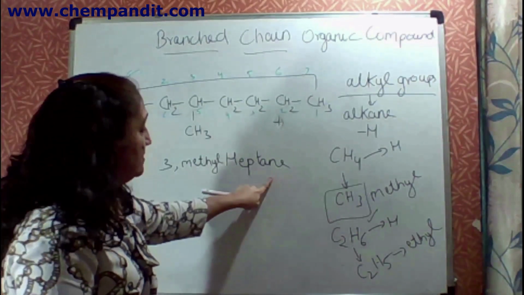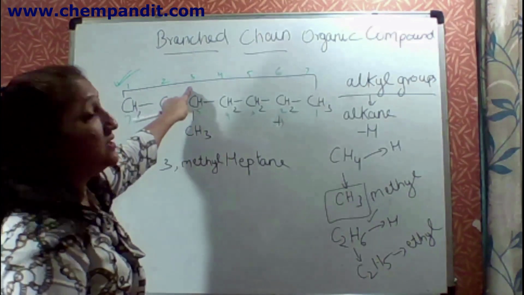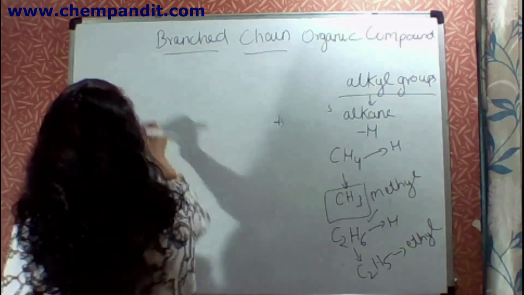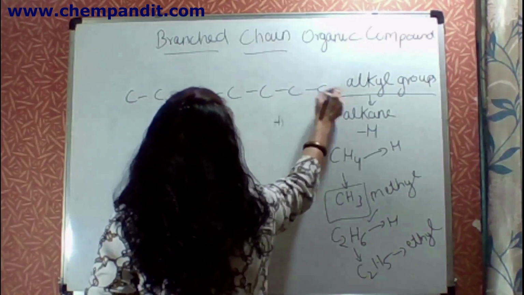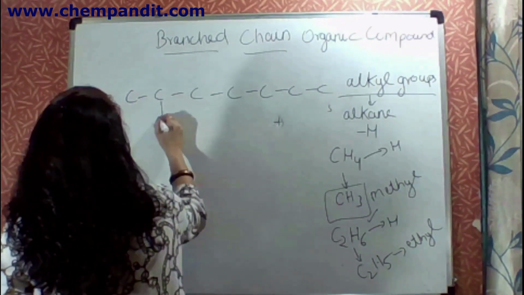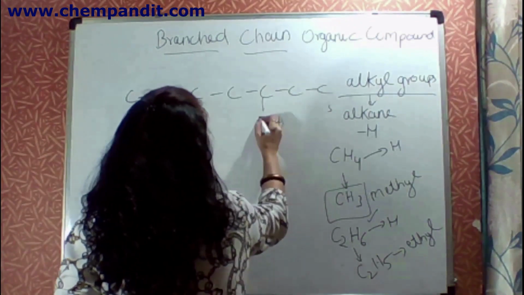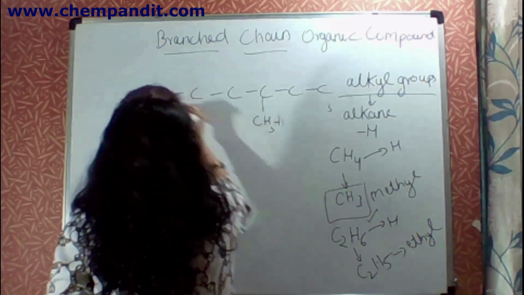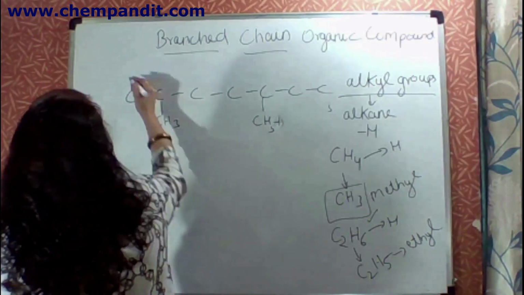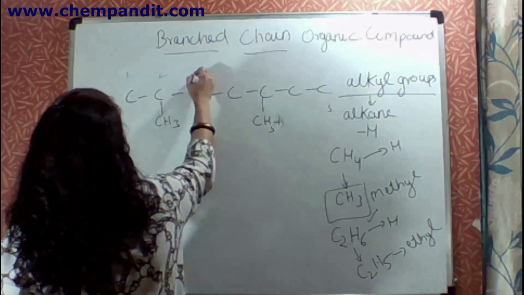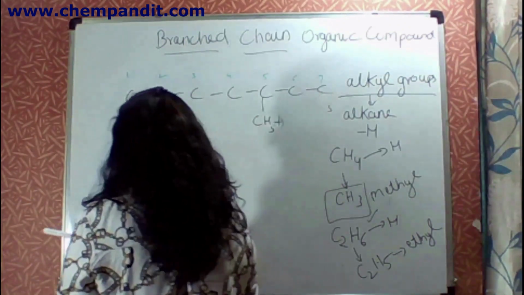It is a heptane with a methyl group as a substituent on the third carbon atom of the heptane. Suppose we have a methyl group over here and suppose we have a substituent over here. Numbering from left to right, 1, 2, 3, 4, 5, 6, 7.